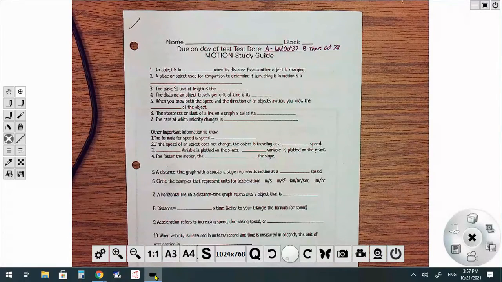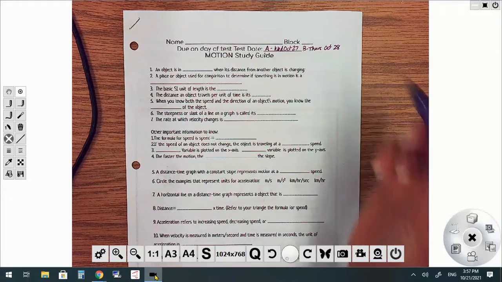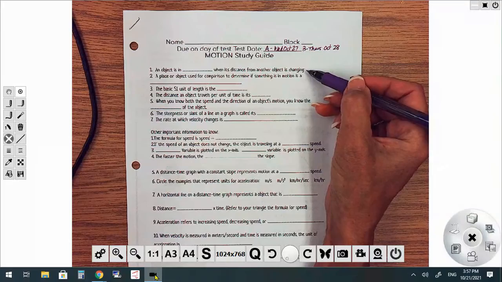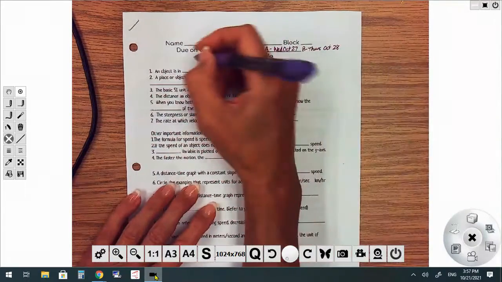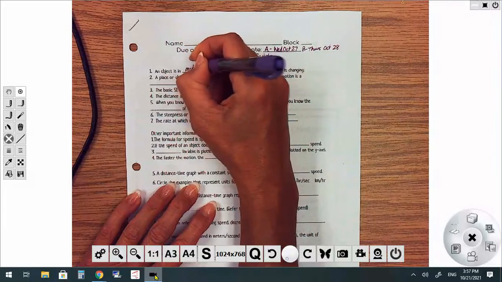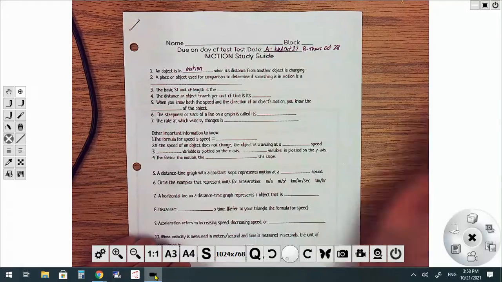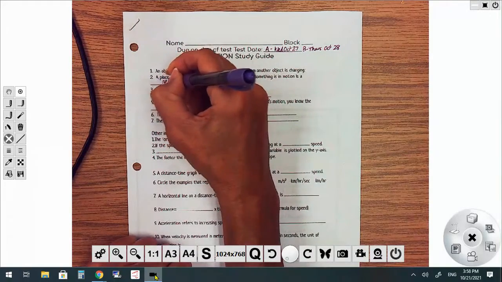Okay, first one, an object is in blank when its distance from another object is changing. Motion. Number 2, a place or object used for comparison to determine if something is in motion is a reference point.